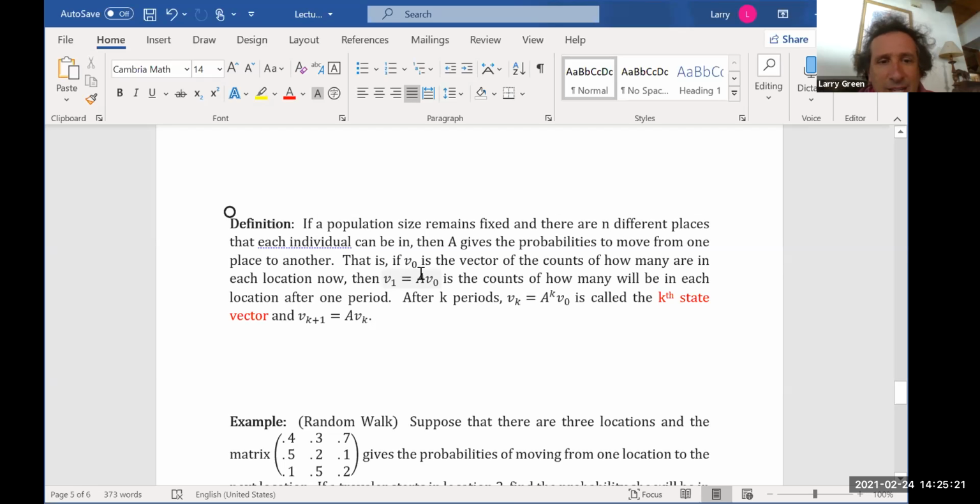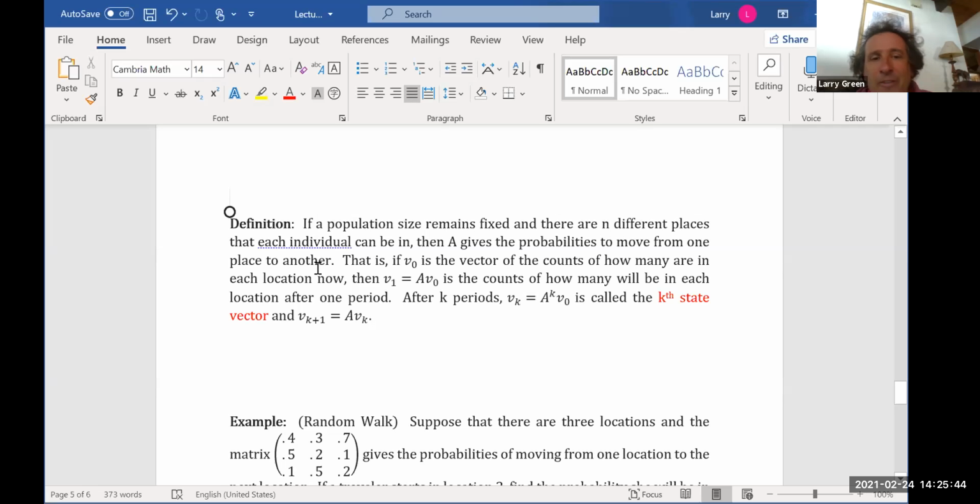Okay, so if V naught is a vector of counts of how many are in each location now, so we take a vector V naught, and in this case we're going to have 50 different numbers, right? We're going to have the population right now today of California. And that might be, I don't know, maybe 40 million. I have no idea.